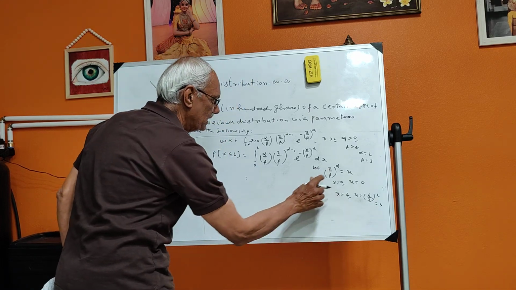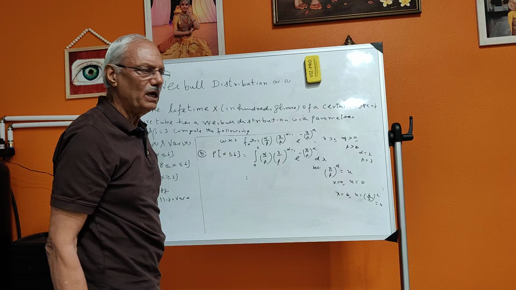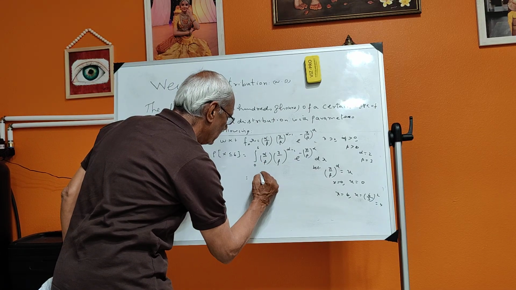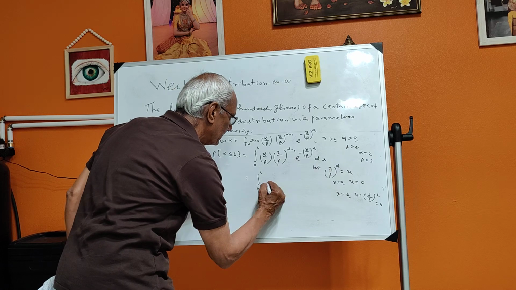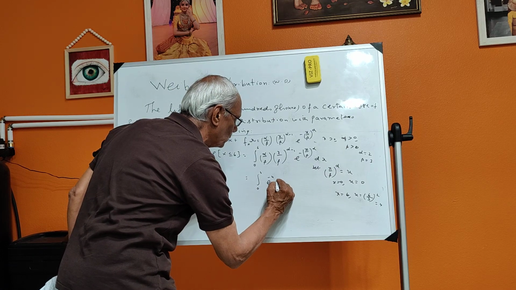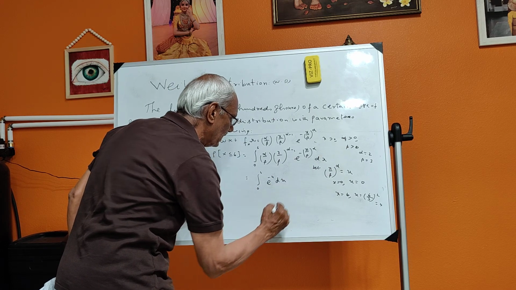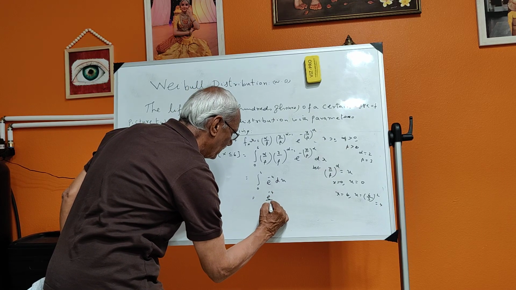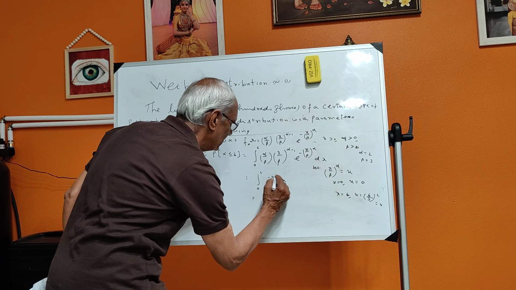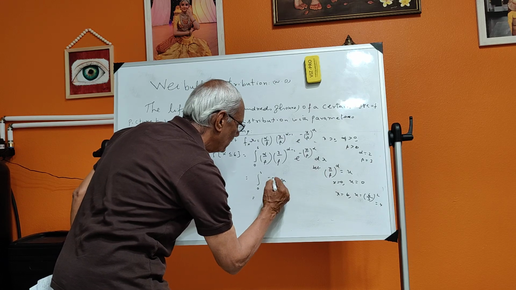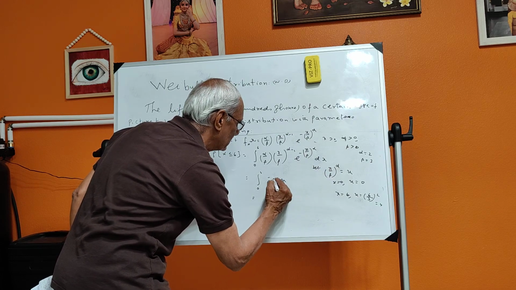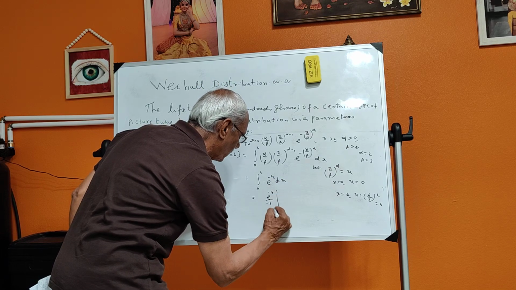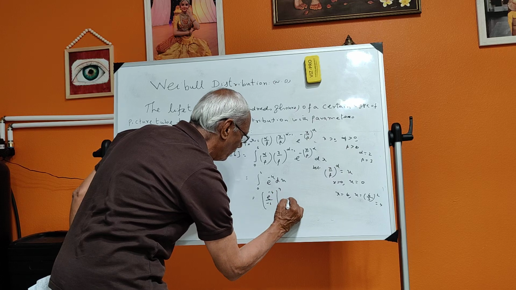So what is it that you will get here? I have explained to you already how to integrate this. So you will get this to be the integral from 0 to 4 of e to the power of minus u into du. So this is nothing but minus e to the power of minus u divided by minus 1, from 0 to 4.